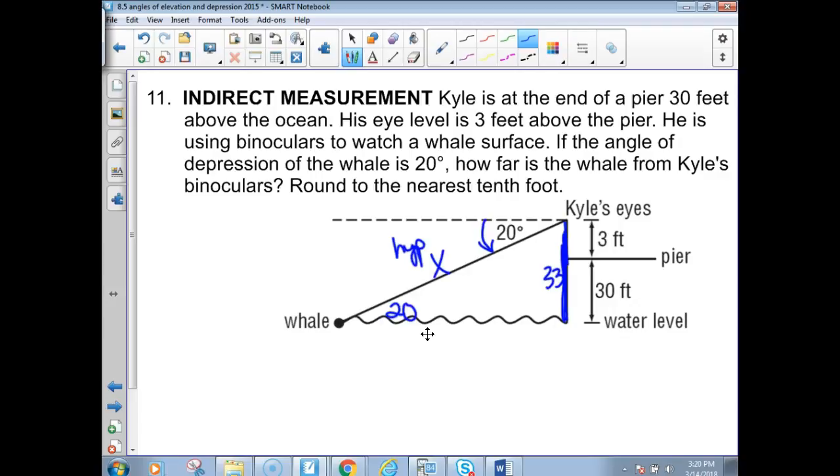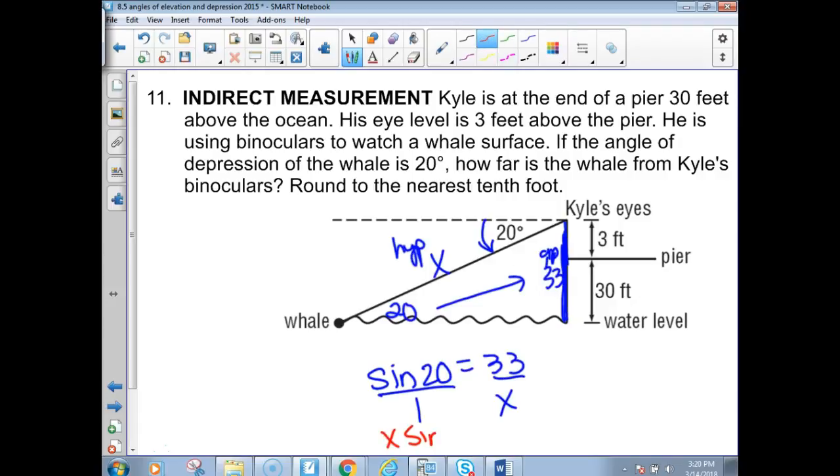How far is the whale from Kyle's binoculars? Let's say we got opposite and hypotenuse. So that's going to be sine. So the sine of 20 equals 33 over x. Careful on your calculations. It's not just a multiply, because x times the sine of 20 equals 33.